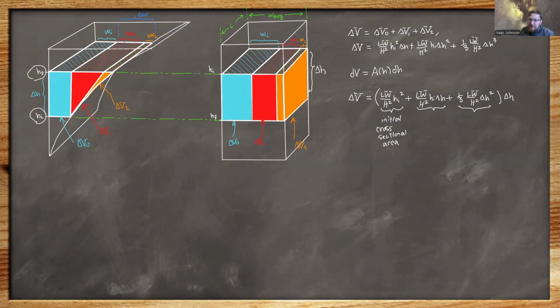So my argument is when I factor a delta H out of my true difference relationship between delta V and delta H, what I get in here is basically the equivalent rectangular cross section to match the triangular wedge.